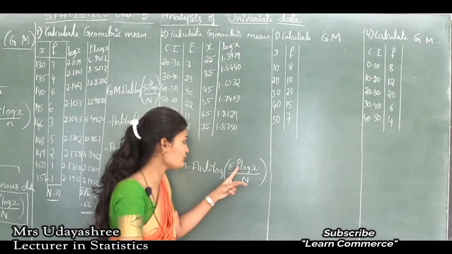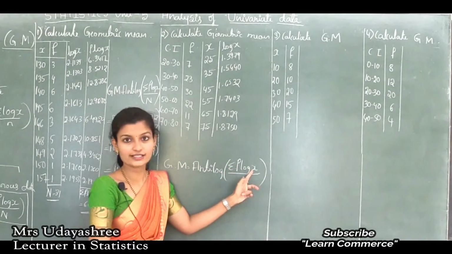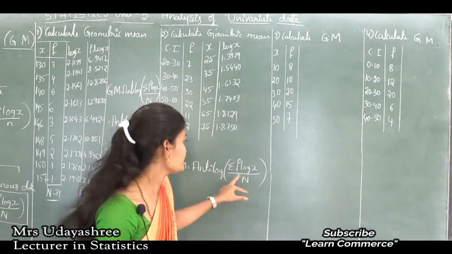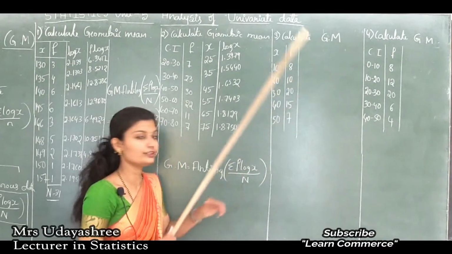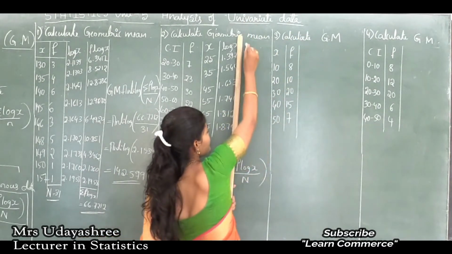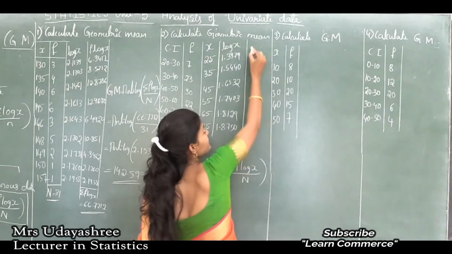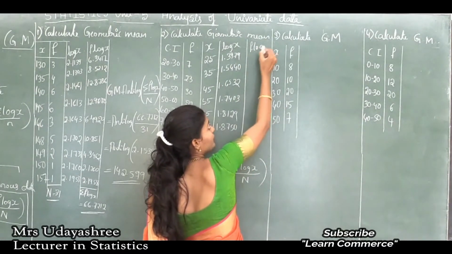Next, based on the formula, we need the f into log x observations, to calculate the sum of f into log x. So the next column is f into log x.